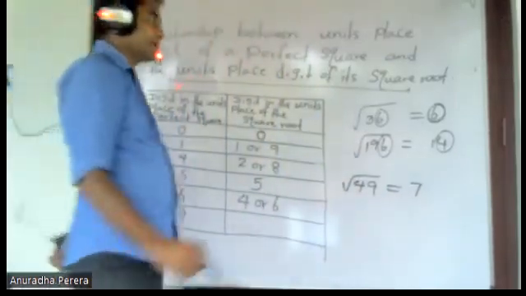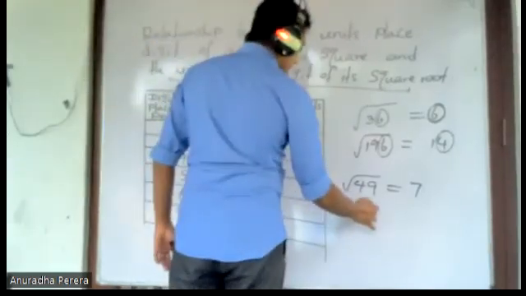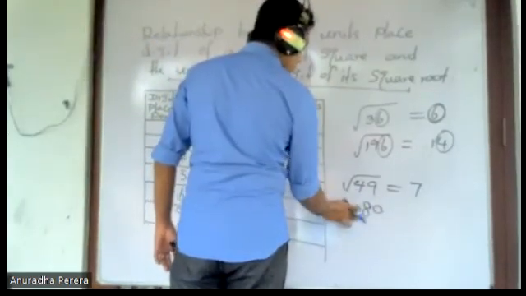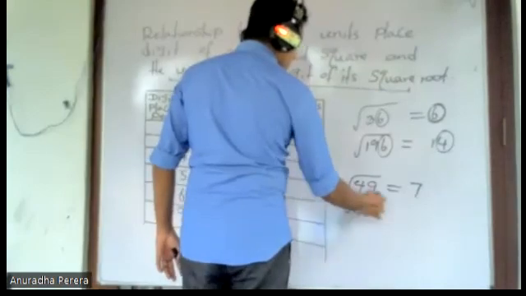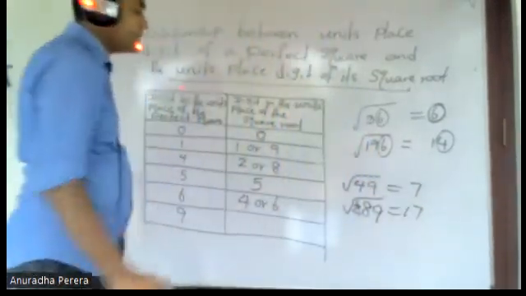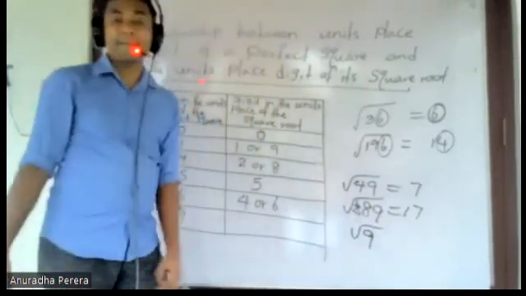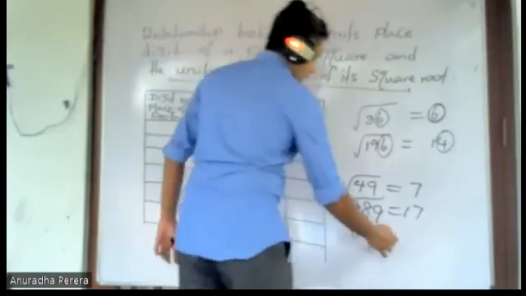If I take another one, what is there? 289. The square root is 17. If you consider 9, what is the value? 3.